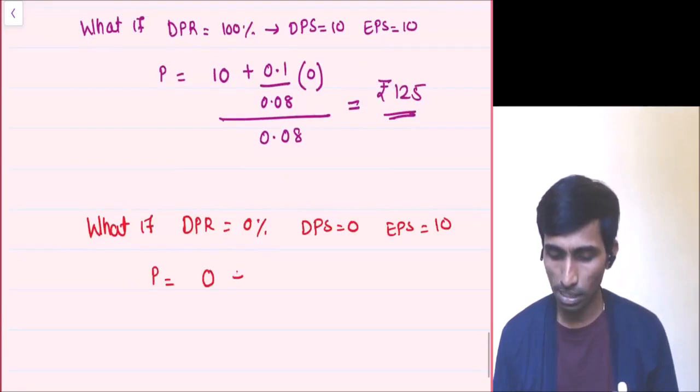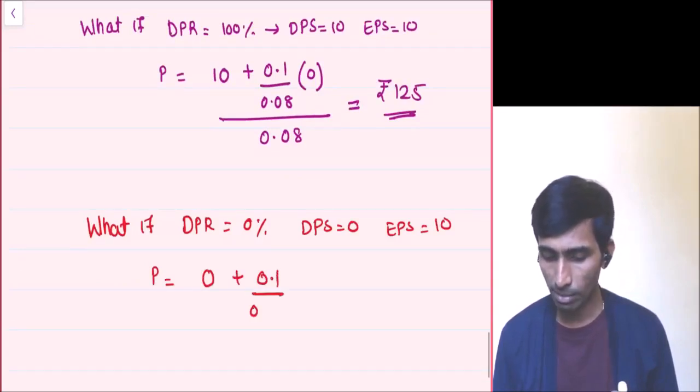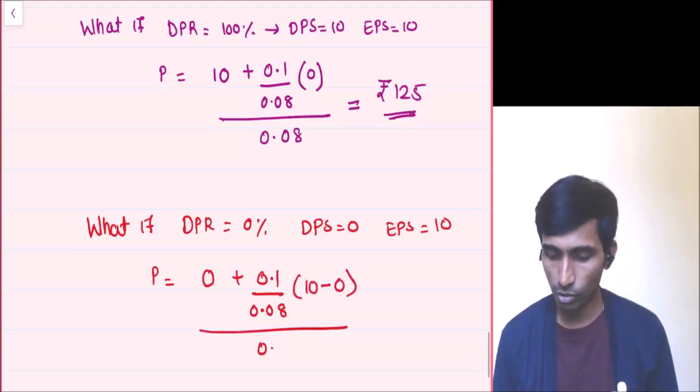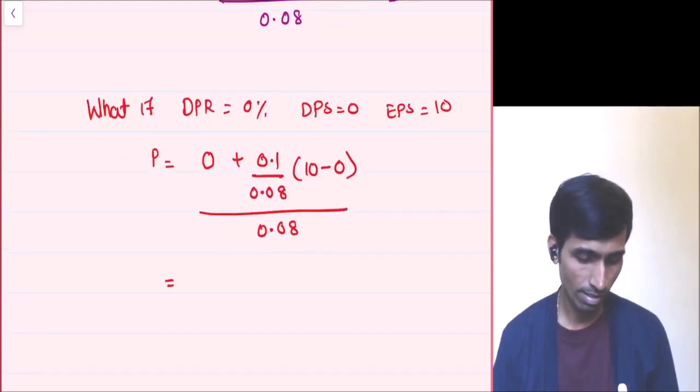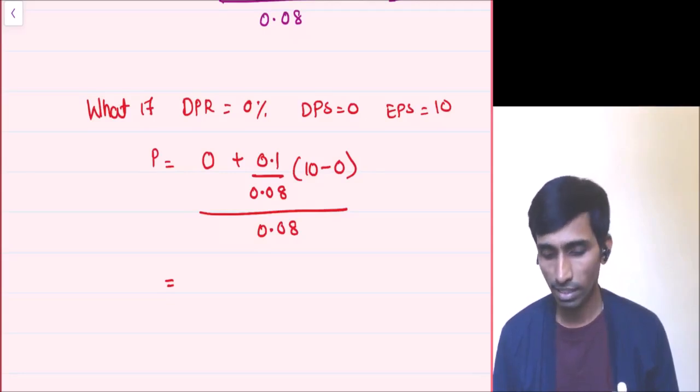Dividend is 0 plus 0.1 divided by 0.08 into 10 minus 0, the whole divided by 0.08. So I am getting here 156.25.